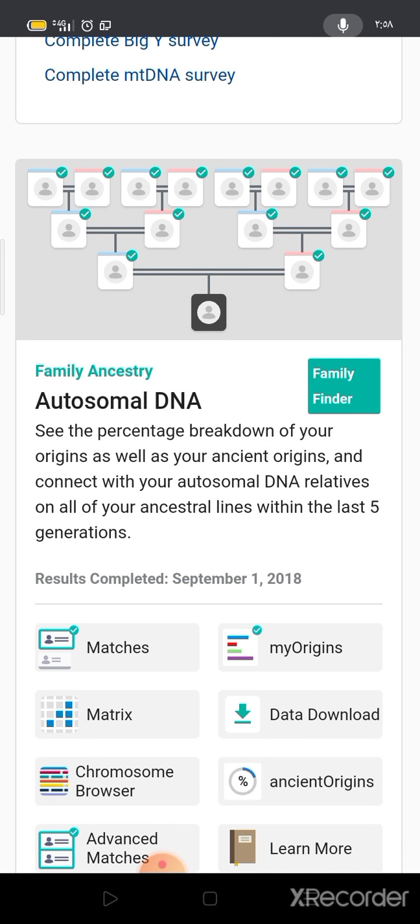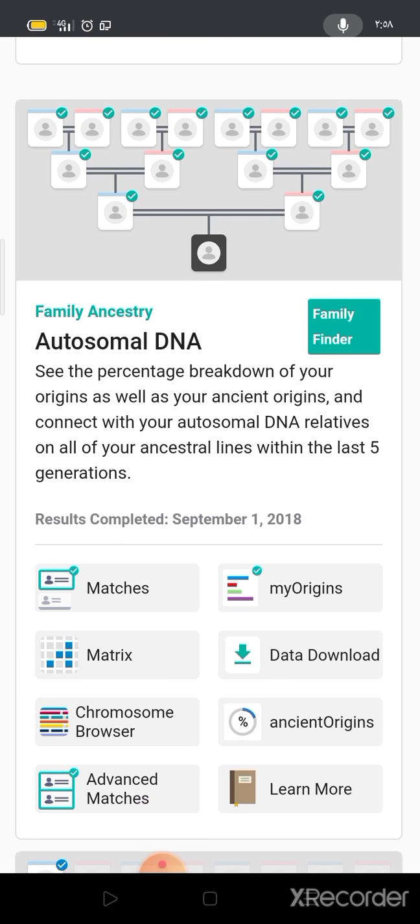But, for example, her son will not represent her paternal line. He will represent his own paternal line, because his father is the husband. So he will represent the husband's paternal line, not the mother's paternal line.